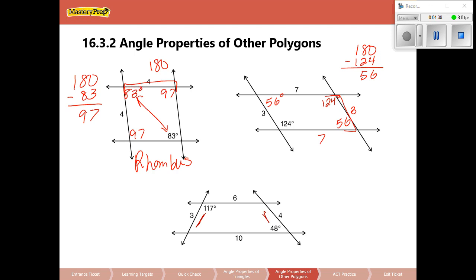They're going to add together to be 180. So for the left-hand side, we can take 180 and subtract 117 from it. And on the other side, we can take 180 and subtract 48 from it, and get 132 degrees. So this angle up here is 132 degrees. But again, all four of them will add together to be 360.